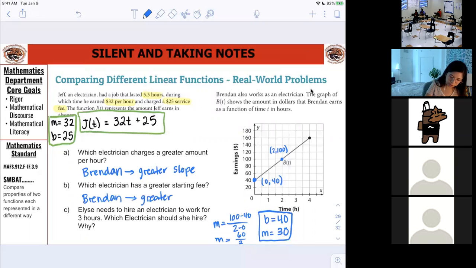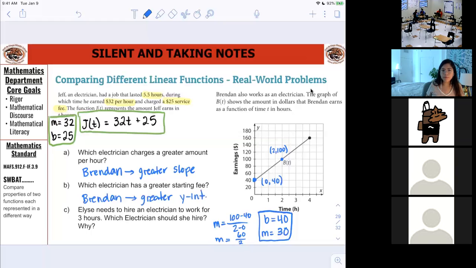Greater y-intercept. Okay. Elise needs to hire an electrician to work for 3 hours. Which electrician should she hire and why? What do you guys think? Probably Jeff. Why do you say that? Because you don't have to pay that much.